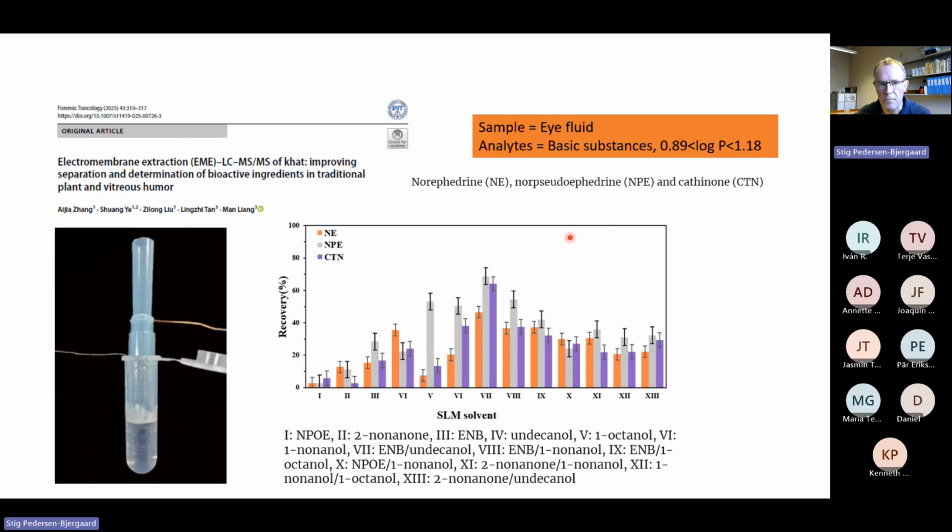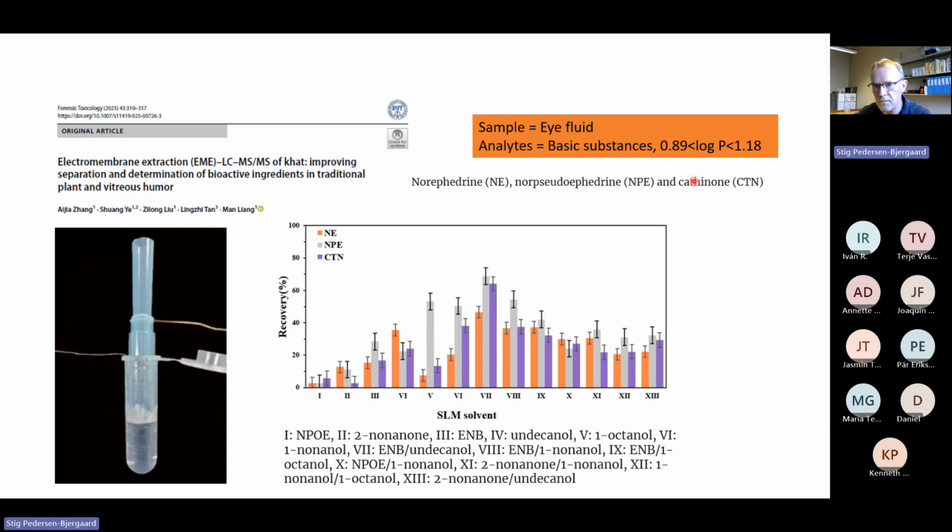And of course, they studied different operational parameters and optimized this system for those substances. Here you can see the optimization of the system with respect to the organic phase, the liquid membrane solvent. You can see that for the 3 compounds, when they were extracted with NPV, recoveries were low.